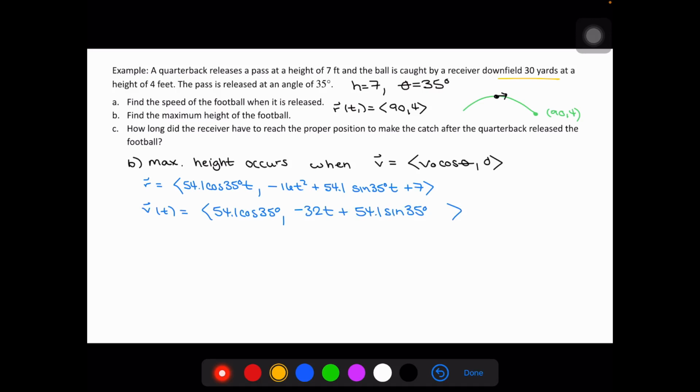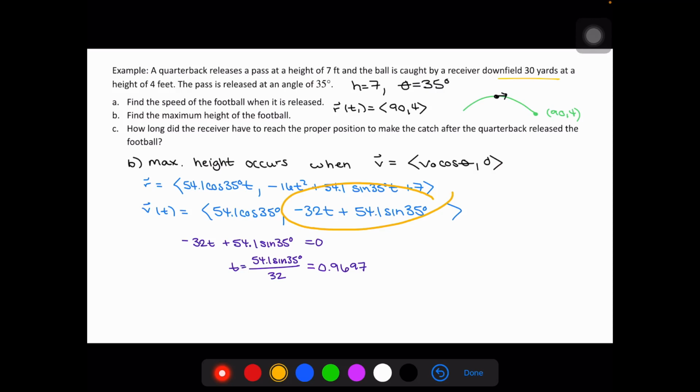My derivative is 54.1 cosine 35, and then negative 32t plus 54.1 sine of 35. So I just took the derivative. And then finally, my maximum height will occur when that y component equals 0.